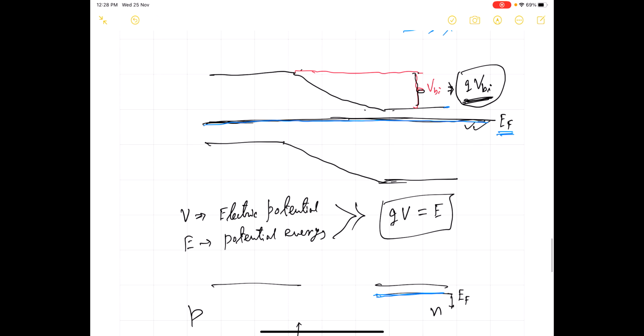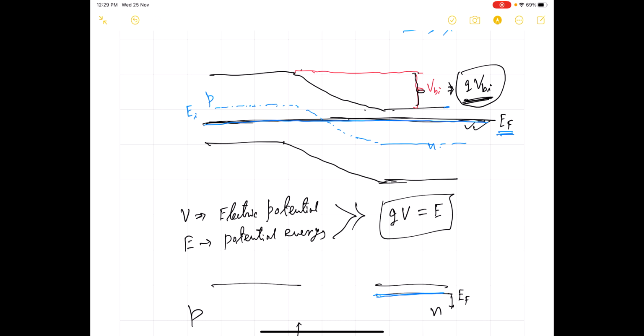Whereas if you consider without doping, say an intrinsic semiconductor where we don't have any doping, where the Fermi level is supposed to be, without considering whether it's P or N, it doesn't matter. We have not considered any doping. So the Fermi level should be in the middle of the two bands, like an intrinsic semiconductor.